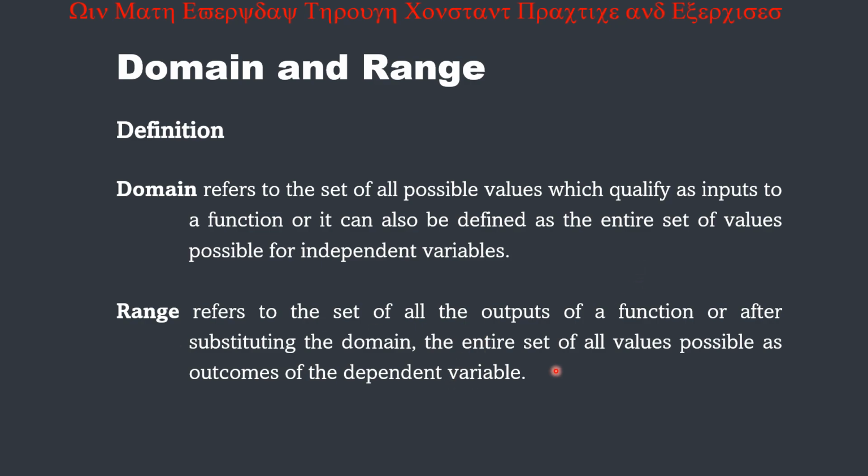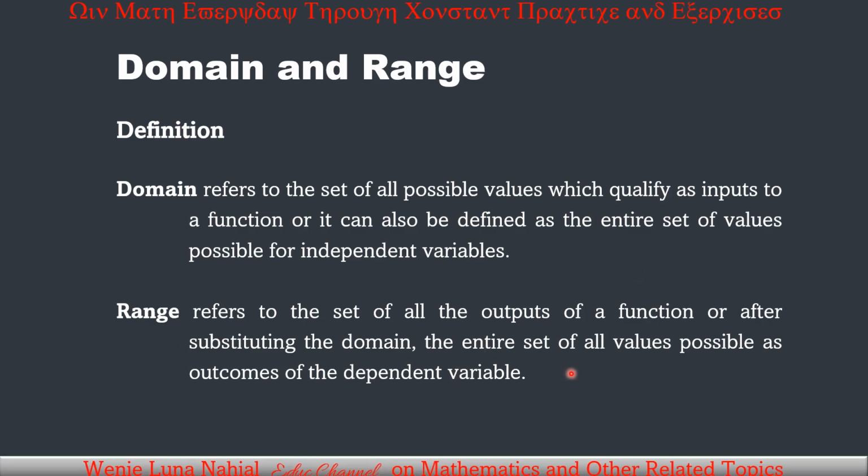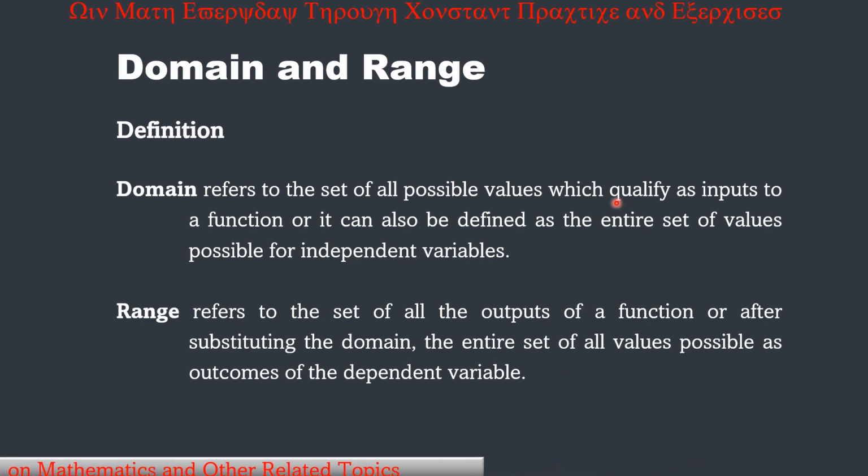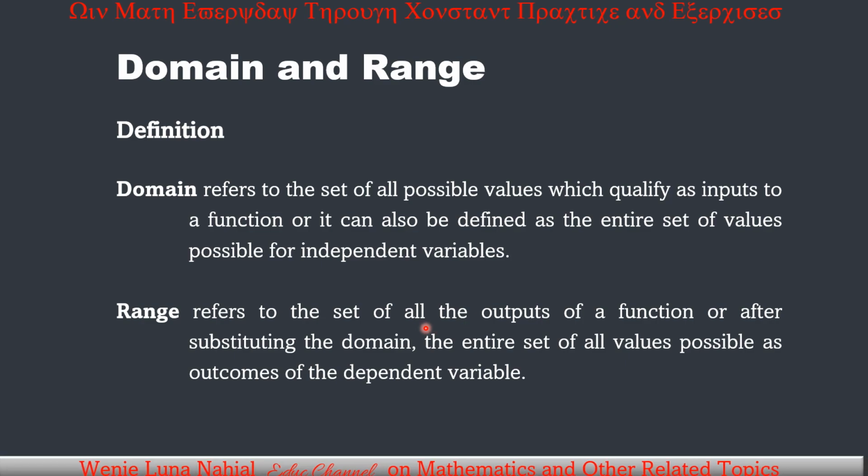And for the range, these are just the outputs after you have replaced that variable x by a real number. The result is what we call an element of the range. Or these are the outputs. Okay, so always remember the concept of domain and range.